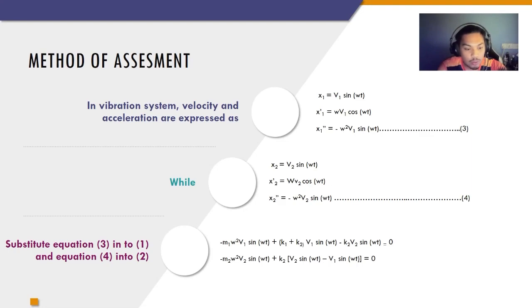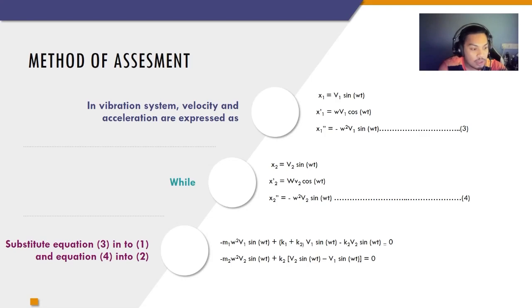That's equation 3, while x2 equal to v2 sin omega t, x2 prime equal to omega v2 cos omega t, then x2 double prime equal to negative omega squared v2 sin omega t. That's equation 4.